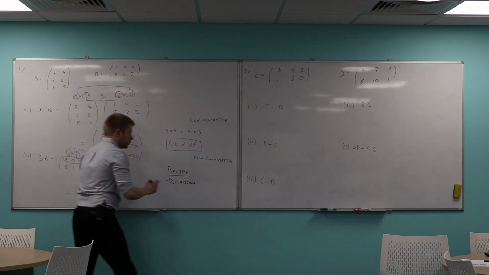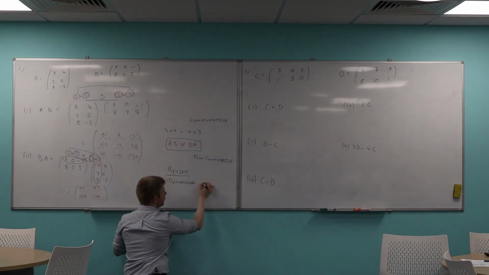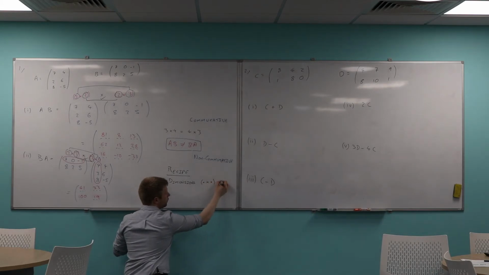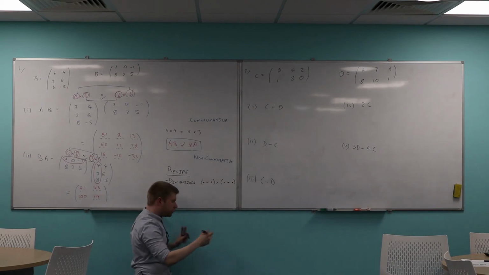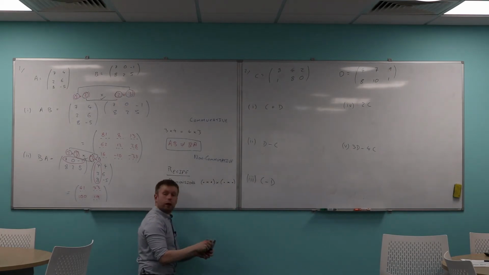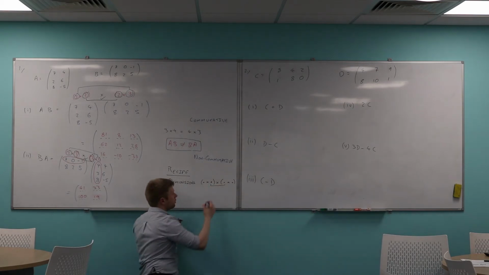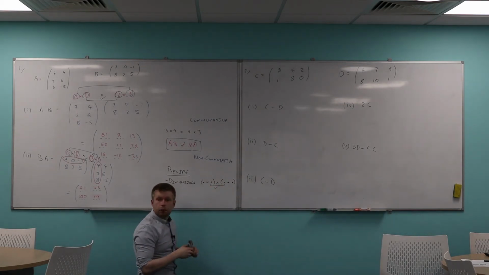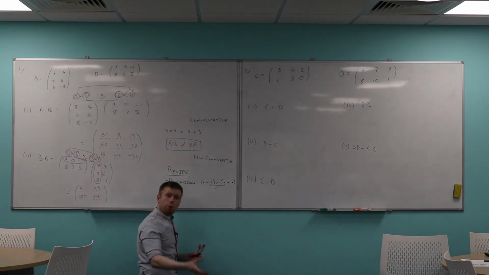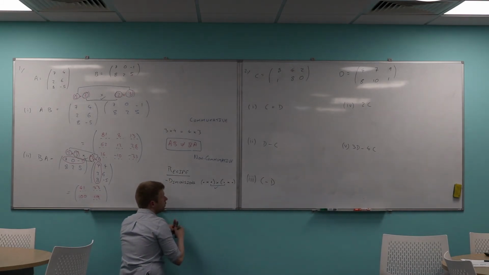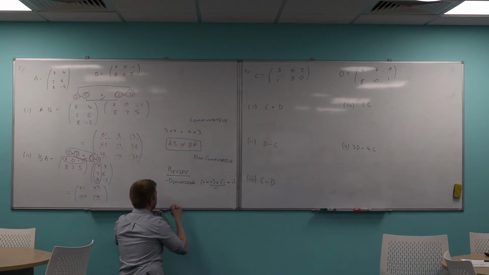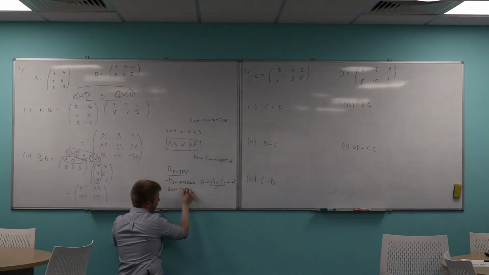So dimensions, number of rows by number of columns. These are my 2 matrices. I'm just putting dots there to represent that there could be numbers. In order to make sure that we can multiply these two matrices together, we need to make sure those inner two dimensions are the same. Then we can multiply them. Then we find the resulting matrix, the resulting size.